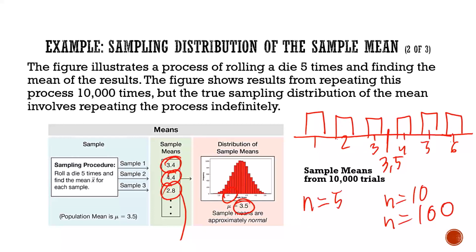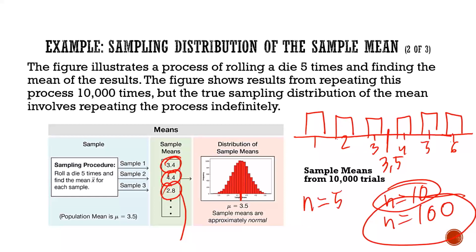So let's think of some other things. As I go to 10, if I roll 10 times and average them, is the mean where these things are centered going to change? No, Frank is correct. It's not going to change, and it doesn't matter how many times, because we are still averaging over dice rolls that are part of the larger thing.